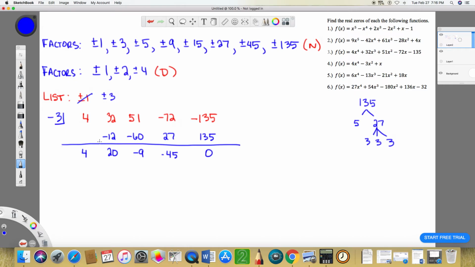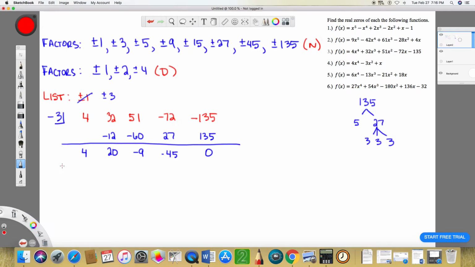Now, it could be that this would have a multiplicity of 2, so let's check negative 3 again. Definitely not a 0.